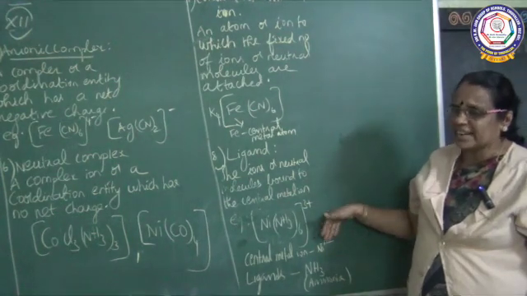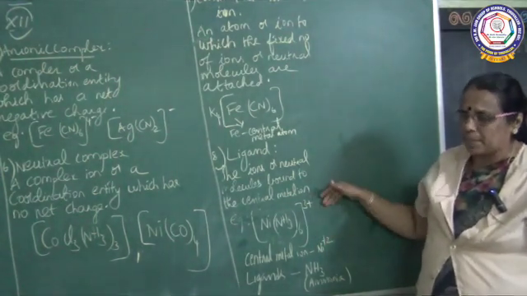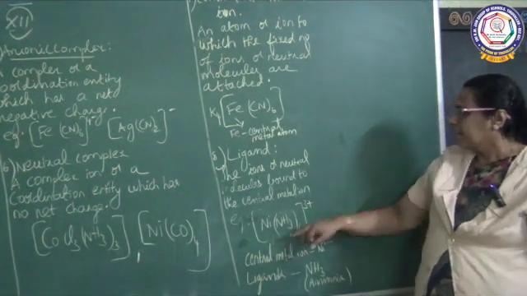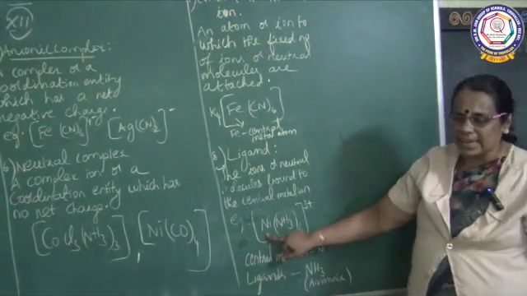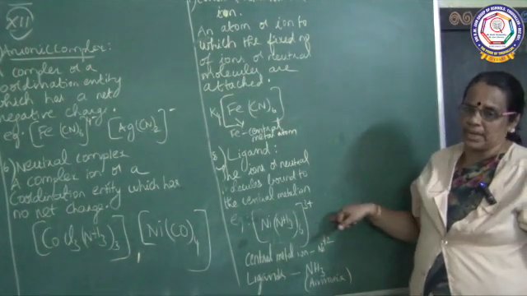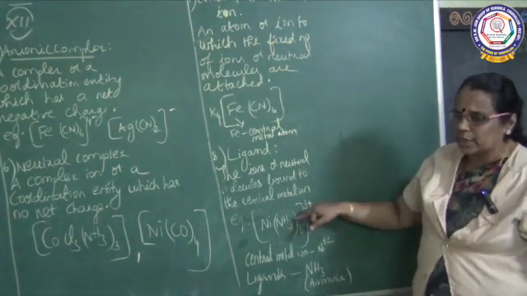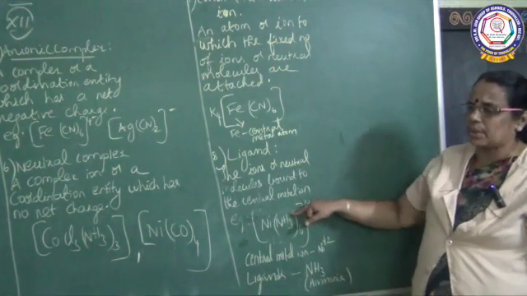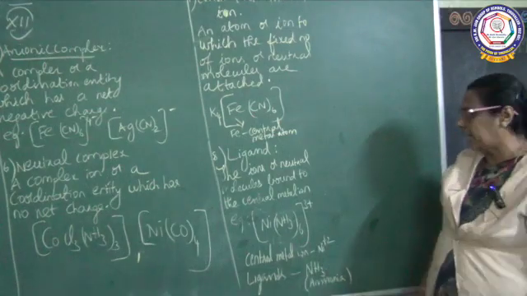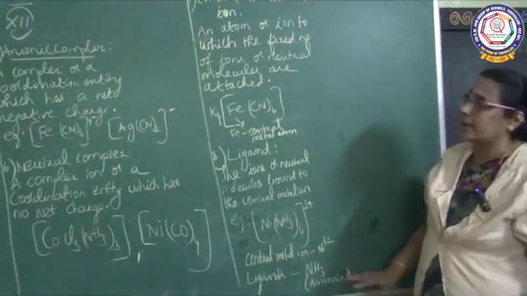Here the central metal ion is nickel in the 2+ oxidation state, and the ligand is ammonia. There are totally 6 ammonia molecules bonded to the central metal ion, so ammonia is the ligand here.